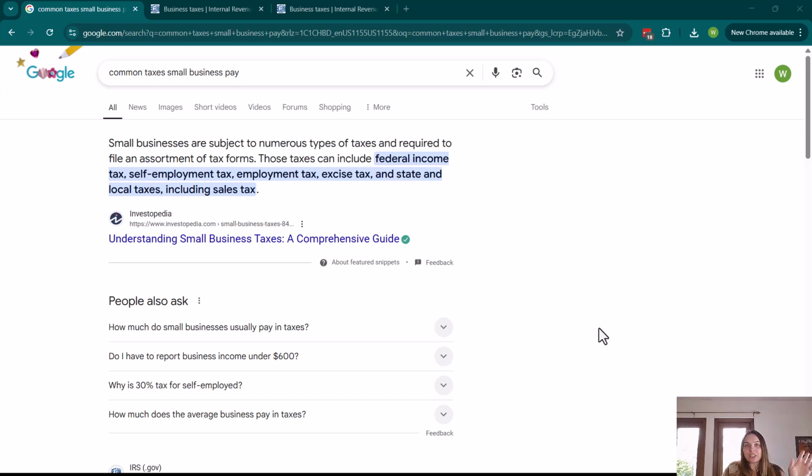If you are a corporation, you're considered by default a C corporation. S corporations are an election that you make at the federal level. I just need you to know how you're actually taxed, and then go check out the video that is tailored to that specific tax treatment. In addition to federal income tax and self-employment tax, you may need to pay employment tax, some form of excise tax, and potentially taxes like sales tax.